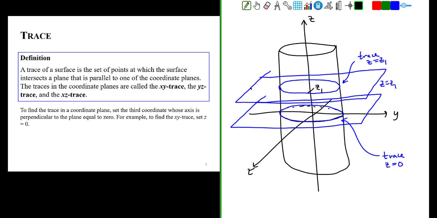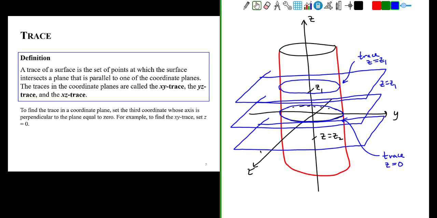Let's take another plane, the z equals z2 plane. Once again, when it intersects the cylinder, it produces a line of intersection. And that line of intersection, once again, is another trace.